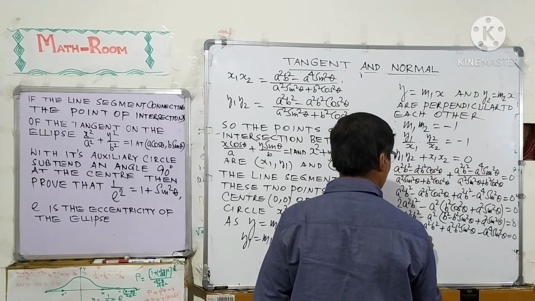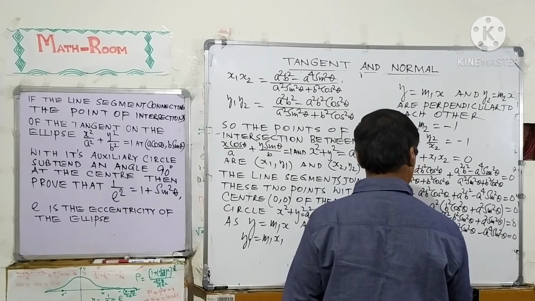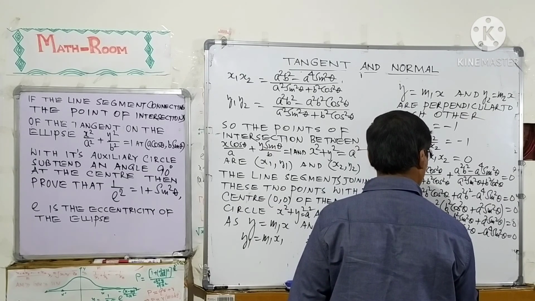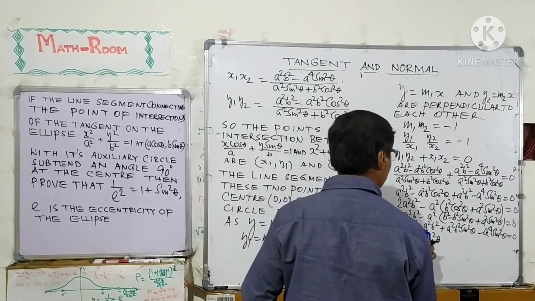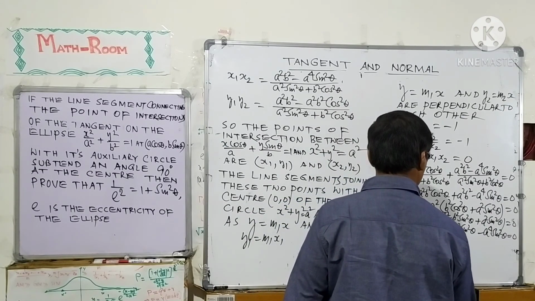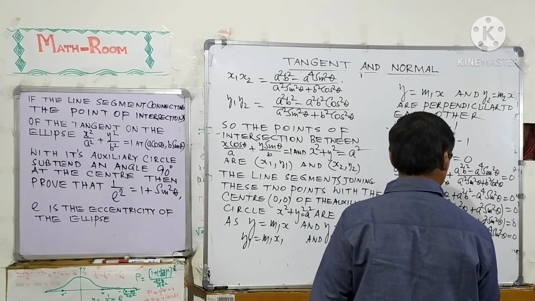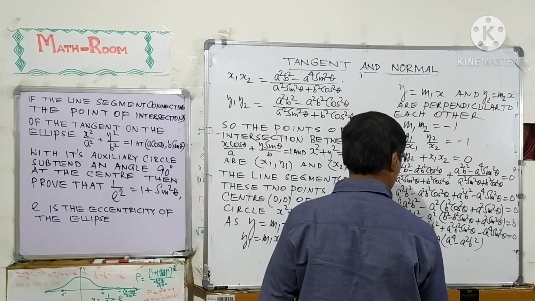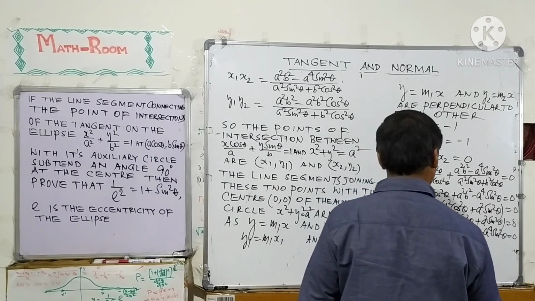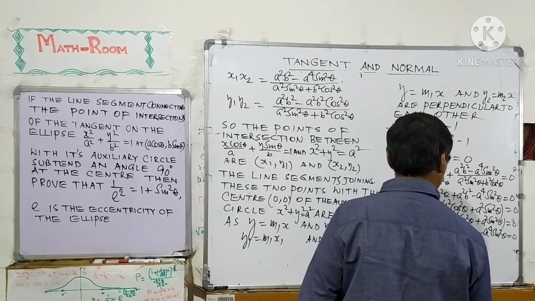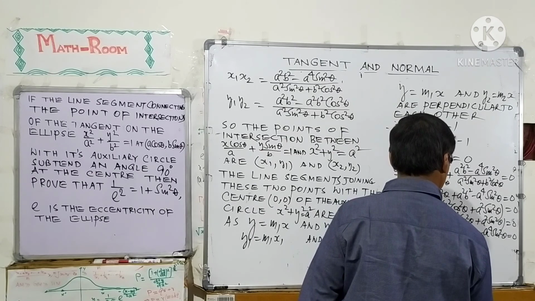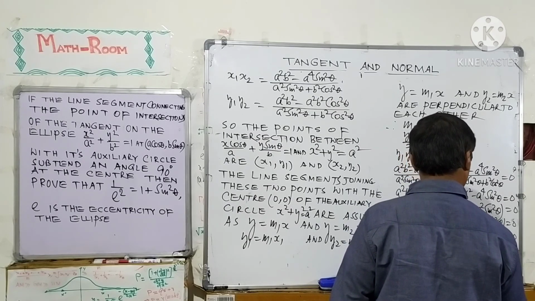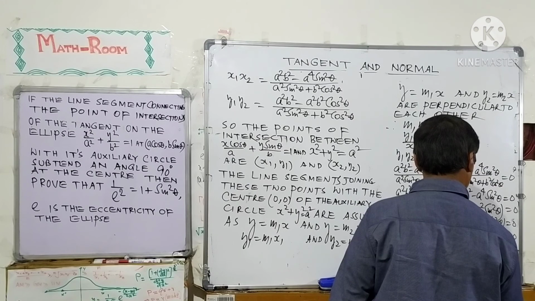That is, a square b square plus sin square theta times b square minus a square... So, sin square theta equals a square b square over a4 minus a square b square, which is b square over a square minus b square.